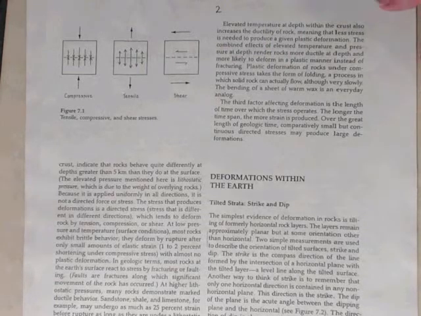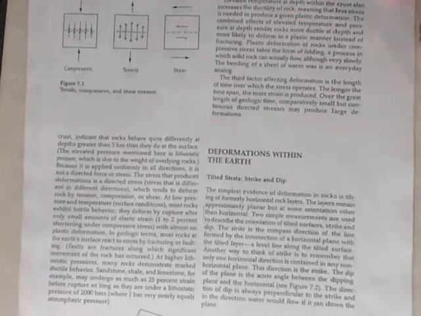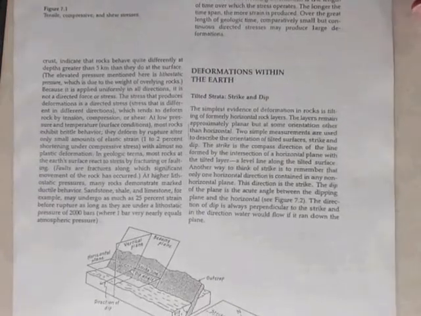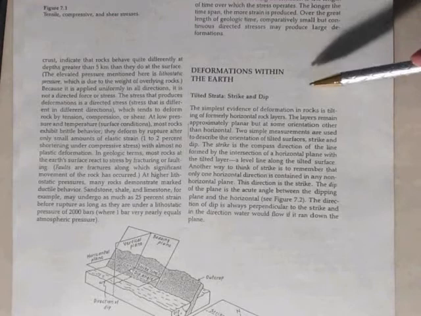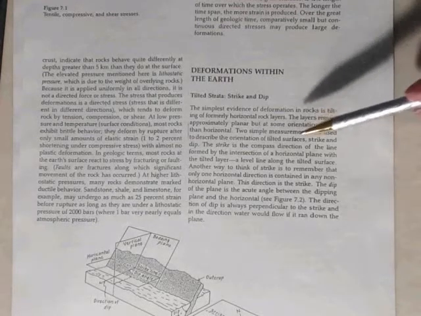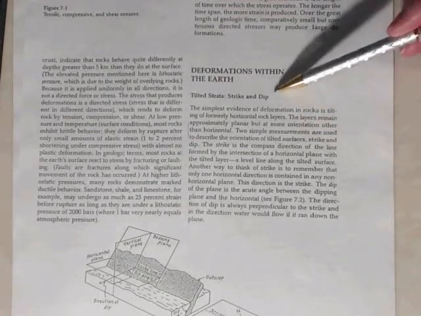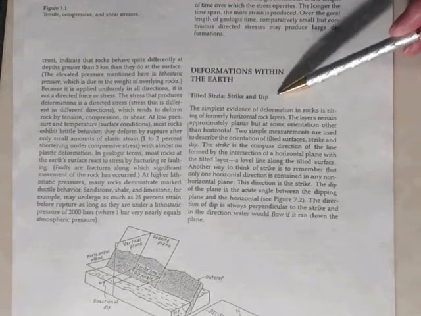But first, before we talk about those, there's a couple terms that we do want to get underneath our belts here. And so talking about the deformations within the earth, these terms here, the tilted strata, strike, and dip.